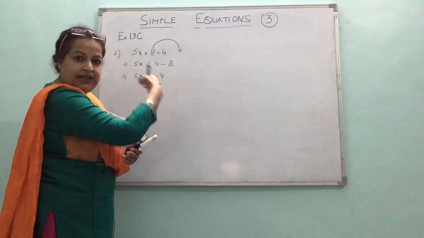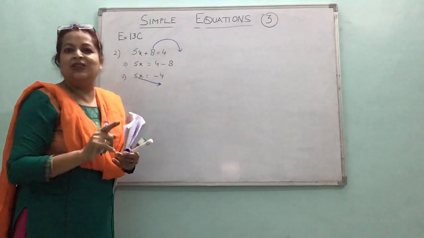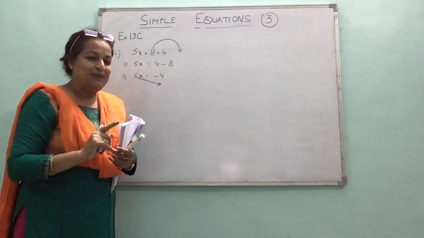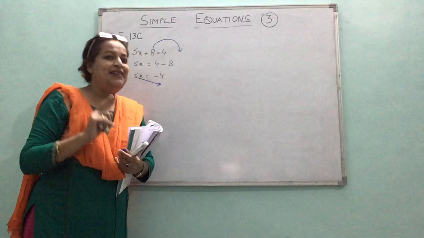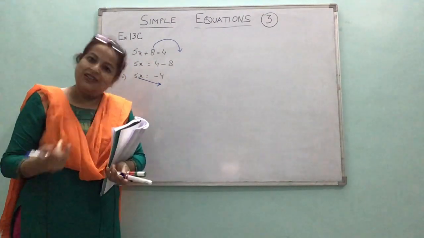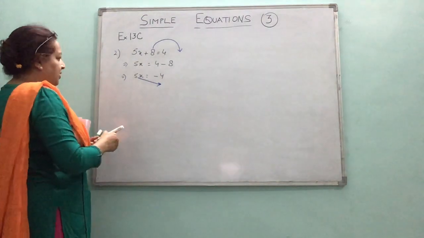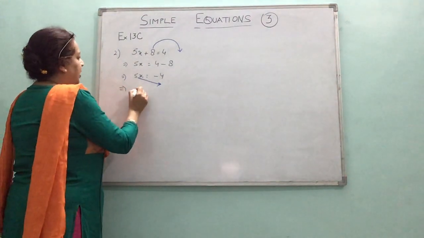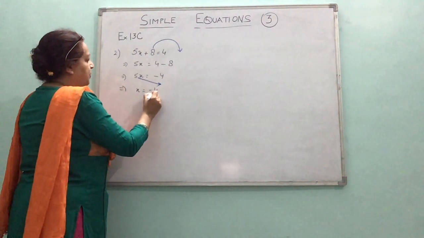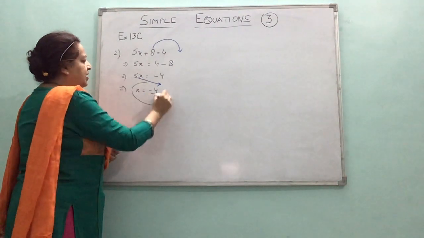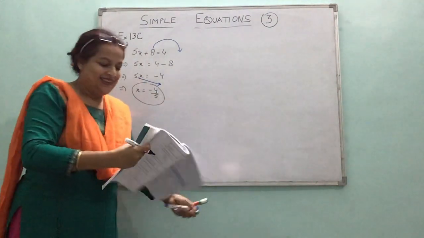Cross multiplication divides. Then the sign does not change. When it is cross multiplying, children, remember, the sign does not change. These are the only two rules in transposition. So here what would it be? x is equal to minus 4 by 5. So let's see which is my correct option.